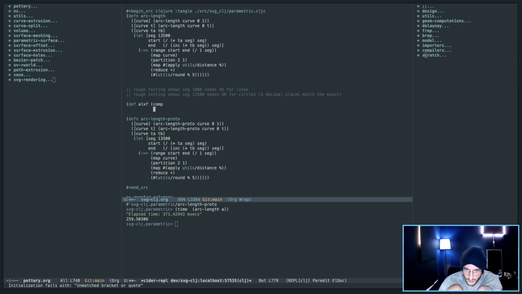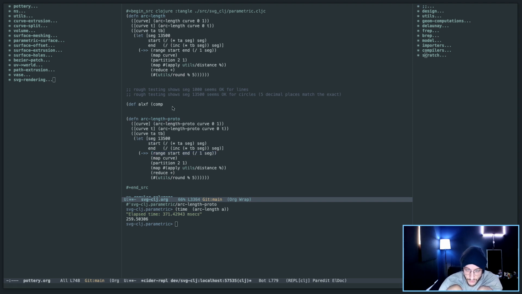We want to comp things in reverse order. And we'll just comp these things together. And then run it through range with plus instead. So let's try that. Let's see if we can get that working.